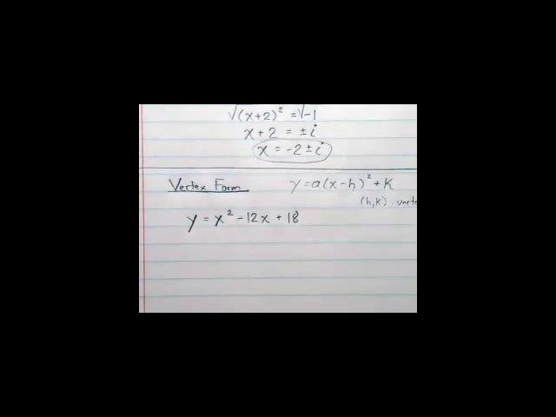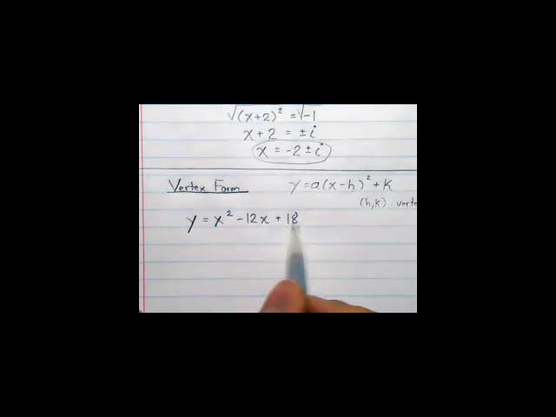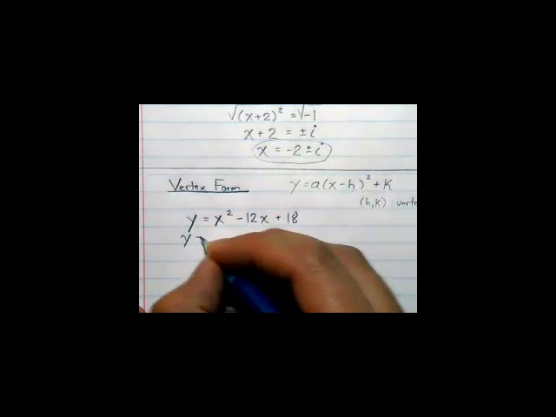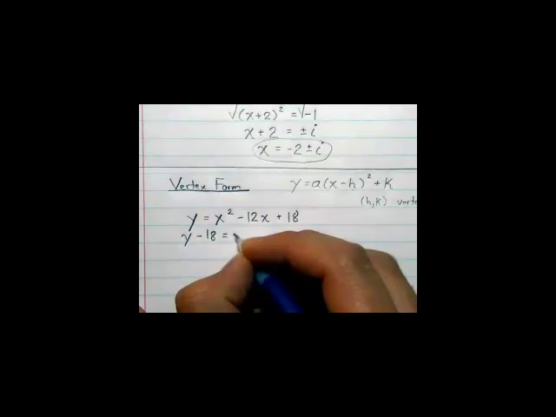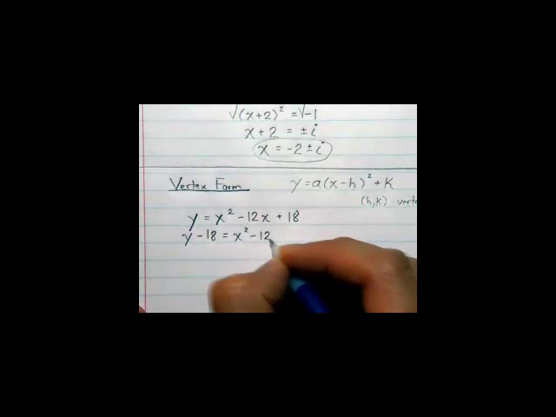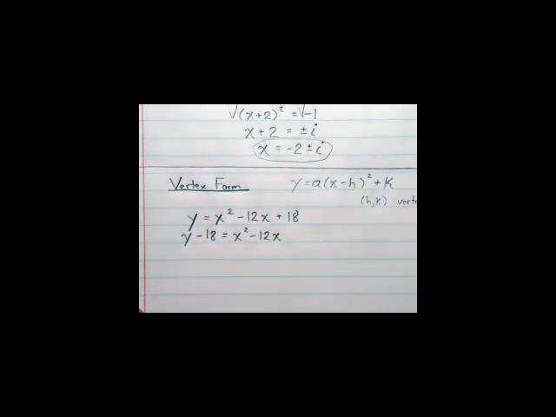Otherwise, we can take this thing and complete the square. Because 18 right now is not completing this square. What number should be there instead of 18 to complete the square? 36. So I got to get this 18 out of there. So I'm going to move it over with the y to just get it out of my way. And then we can take that x squared minus 12x and complete the square.